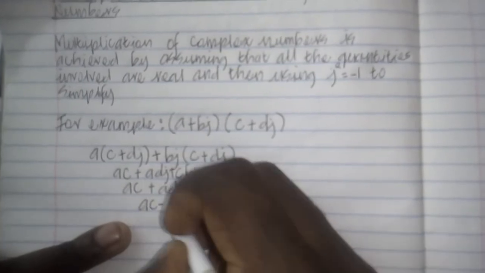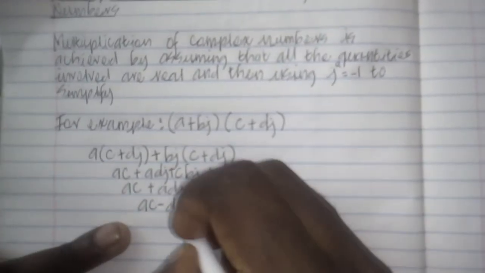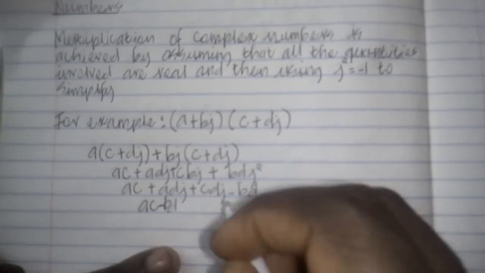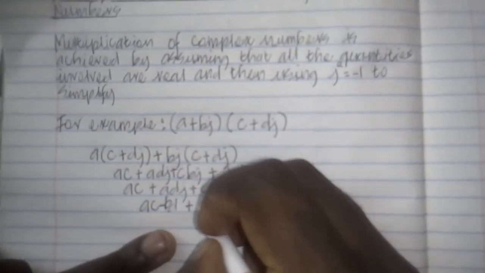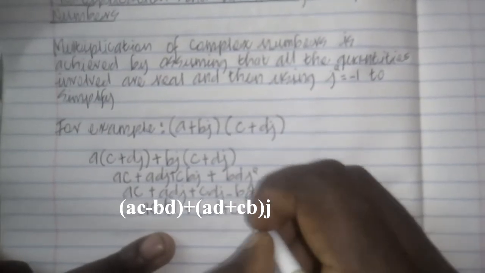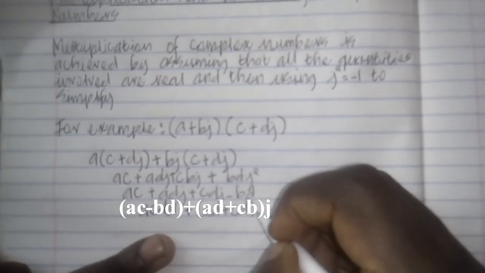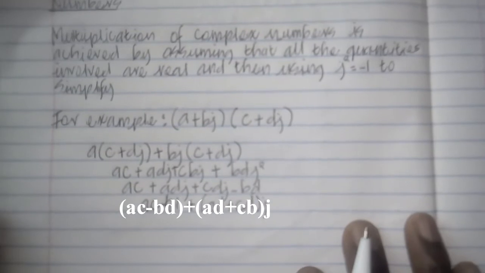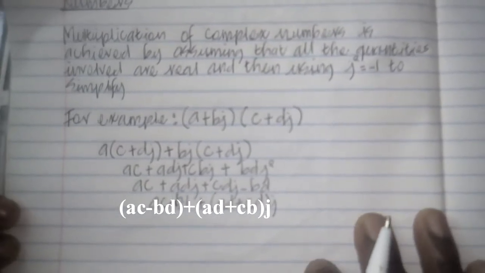Now put like terms together, the real parts together and the imaginary parts together. AC minus BD, plus AD plus CB j. That will be it.